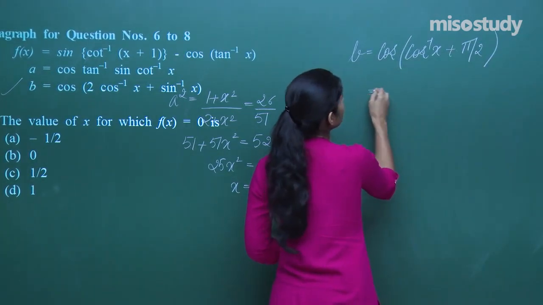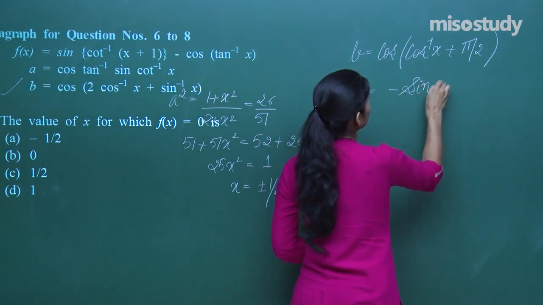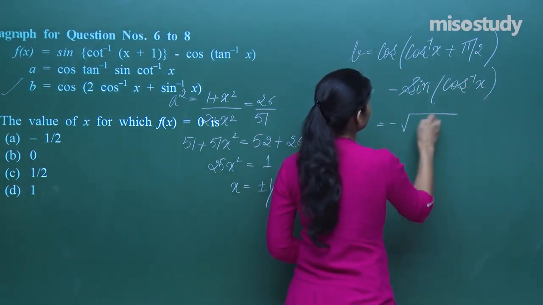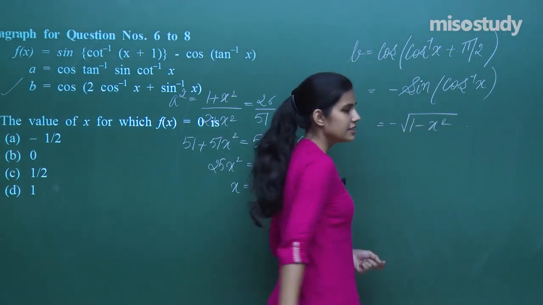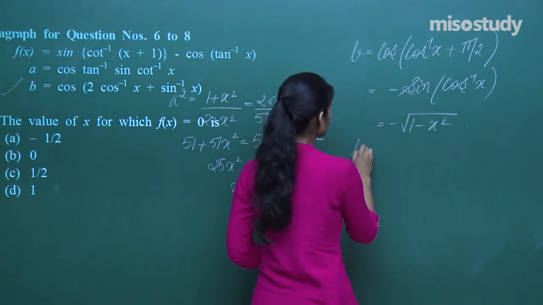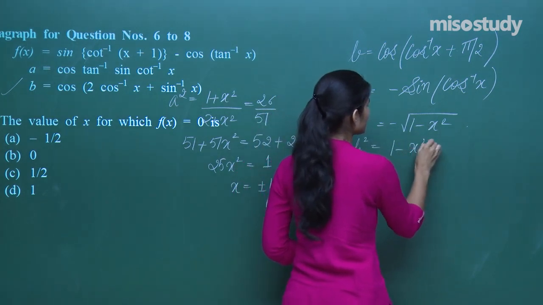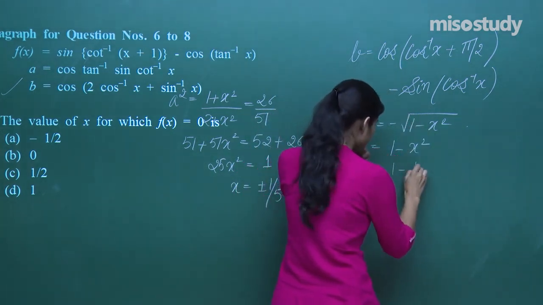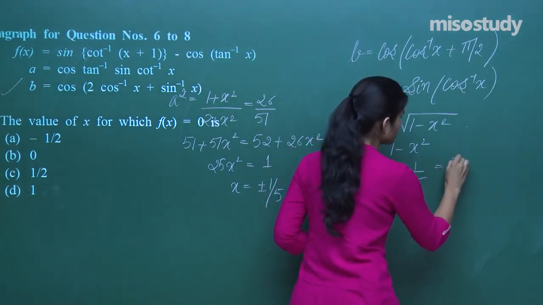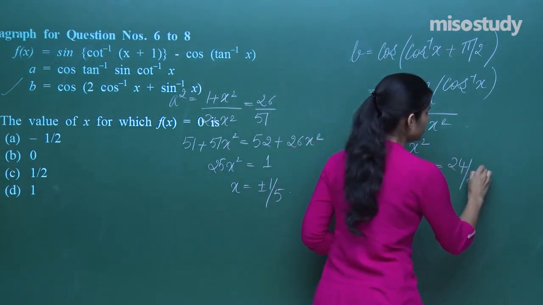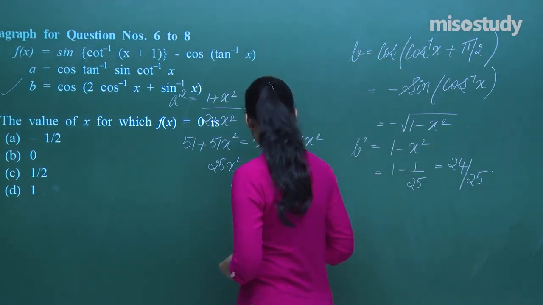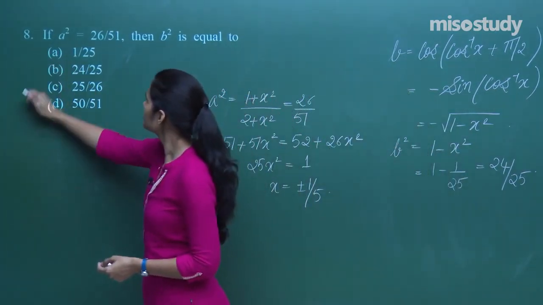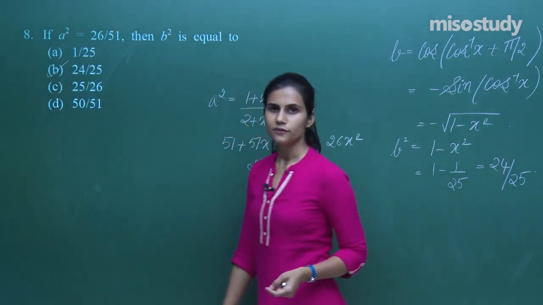And cos of pi by 2 plus theta is minus sin theta. And this can be very conveniently written as this. So what is b square? B square is 1 minus x square. X is this. So you get 1 minus 1 by 25, which gives you 24 by 25, and that is your answer for the 8th question, which is 24 by 25.